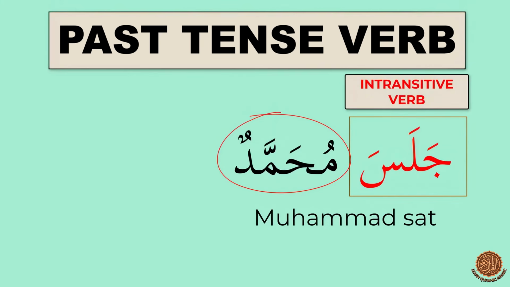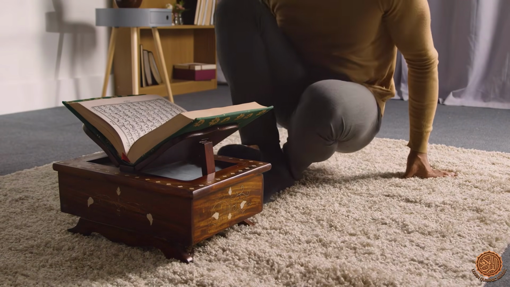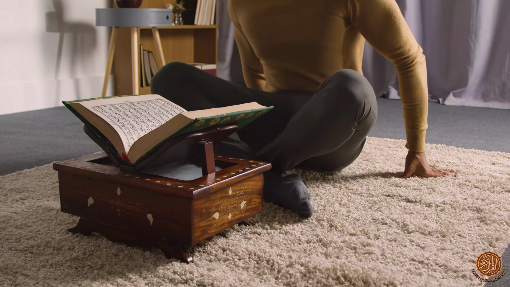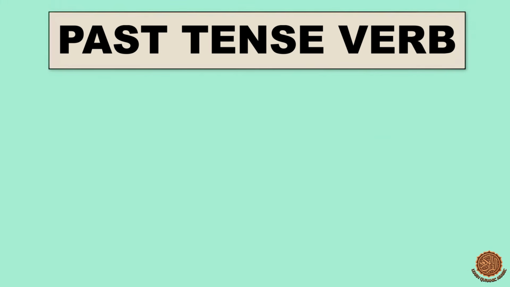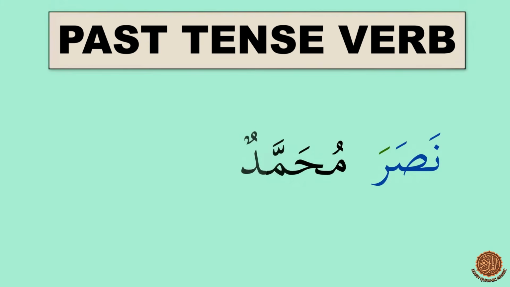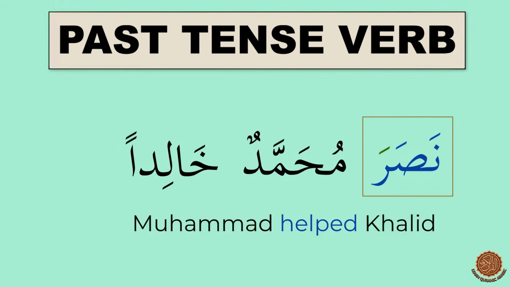Now, what does intransitive mean? It's an action that is only performed by the doer of the action. So Muhammad sat. An example of a transitive verb is nasara. If I said, Nasara Muhammadun Khalidan, nasara means he helped, so it would be Muhammad helped Khalid.